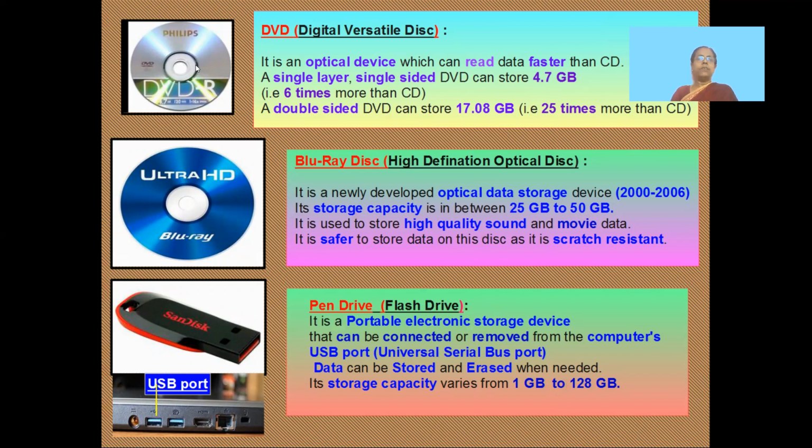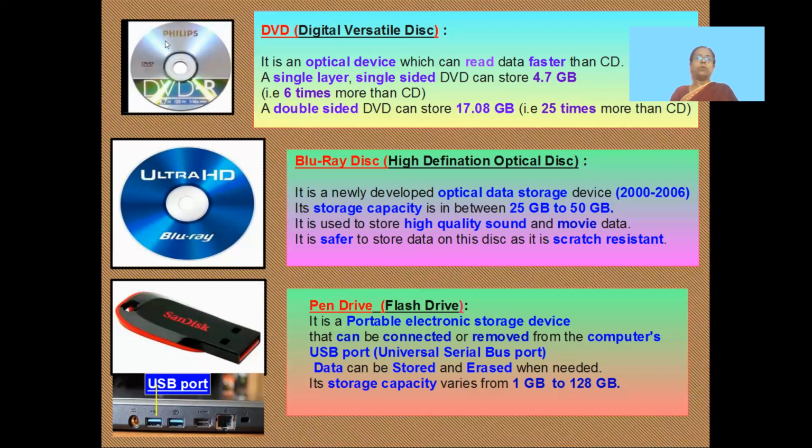First we had only a single layer side, and one single layer of the DVD side stored 4.7 GB. That is 6 times more than your CD. CD is only 700 MB, whereas a DVD is 4.7 GB, which is only one side. That is one single layer, that is one side can store 4.7 GB.